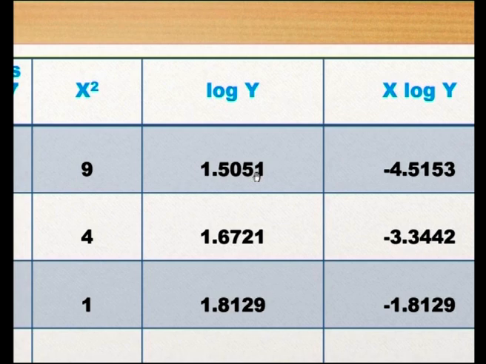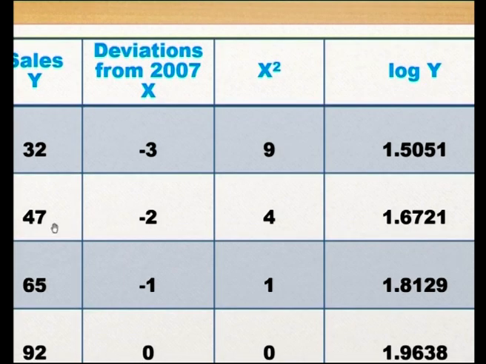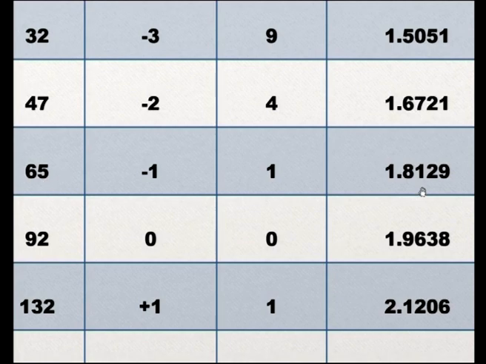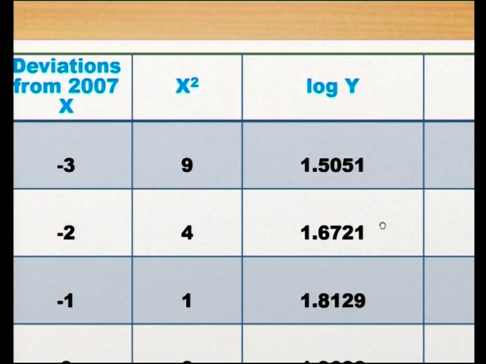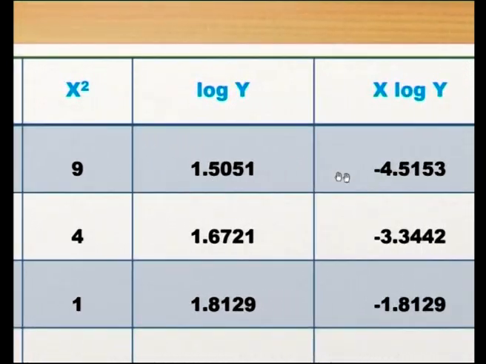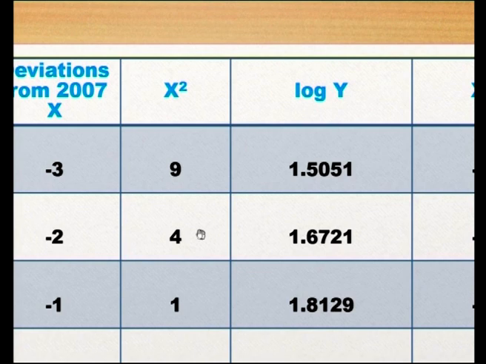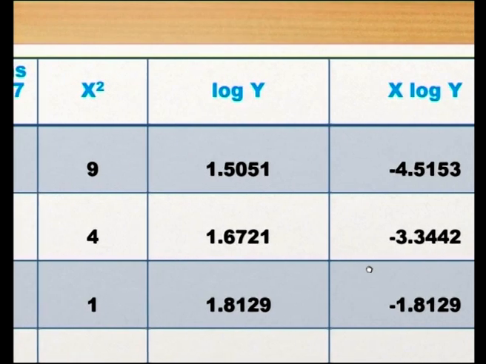1.5051 corresponding to y value, then log of 47 is 1.6721, and then log of 65 is 1.8129. Then x into log y: x value is minus 3, so minus 3 into 1.5051 is minus 4.5153, then minus 2 into 1.6721 is minus 3.3442.